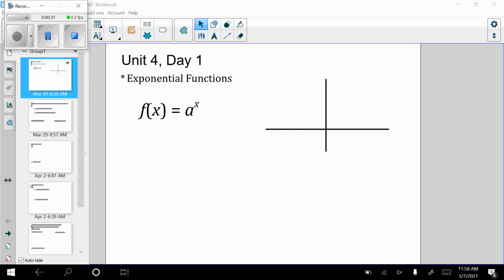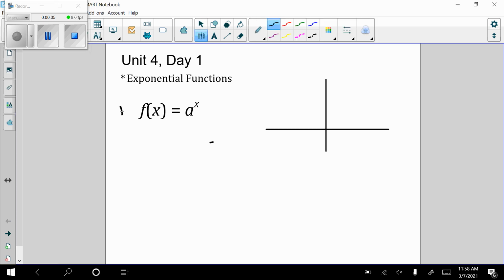So if we look at the graph of an exponential function, this is the parent function. So I'm going to leave the base as a. So if we look at a chart, I have x and f of x. The domain of an exponential function is all real numbers.